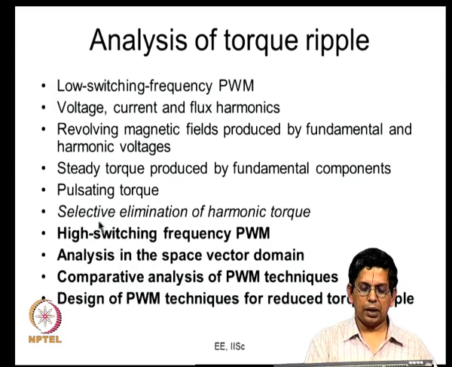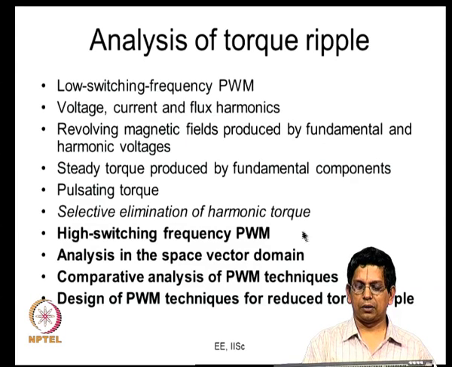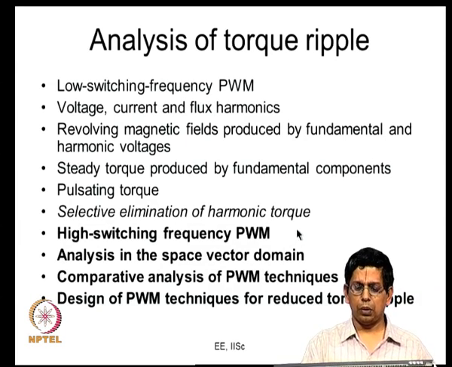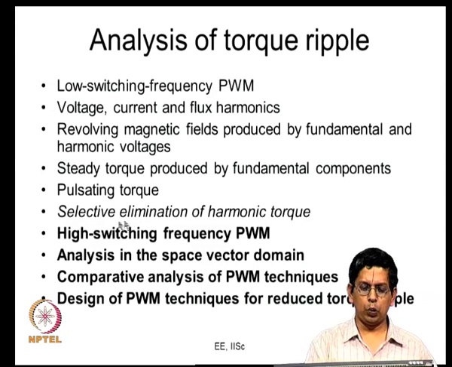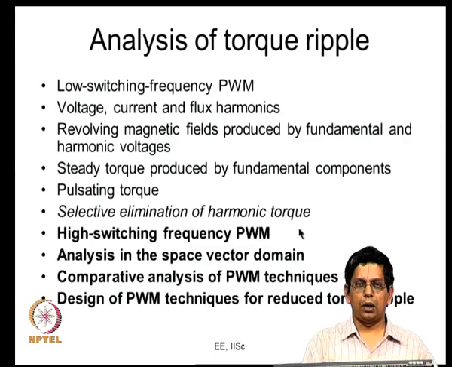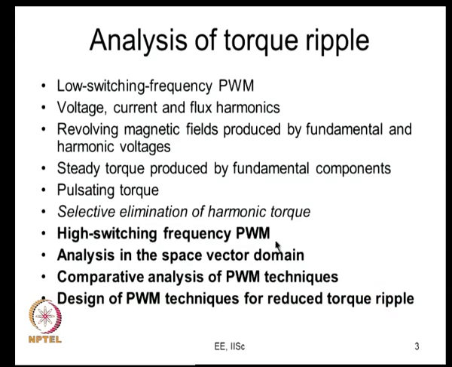And then we looked at selective harmonic elimination. We looked at it towards the end of the last lecture. So, we would look at this once again today, and then we would move on to what is really the focus for today, that is the high switching frequency PWM.